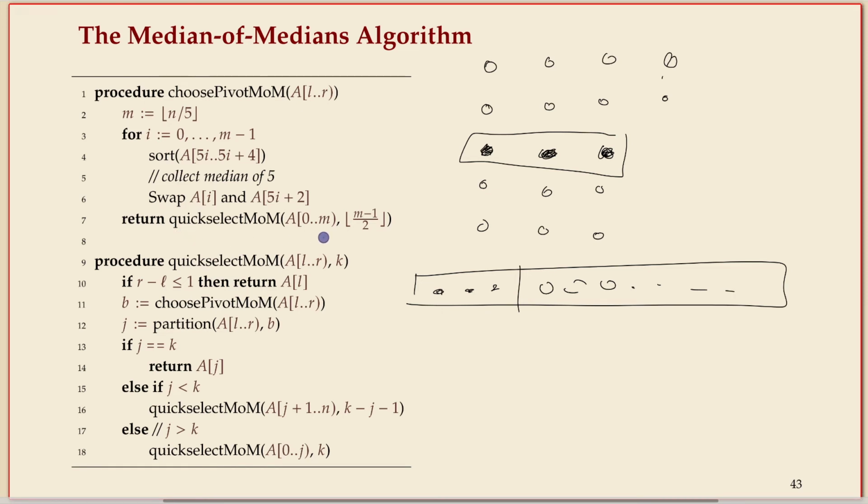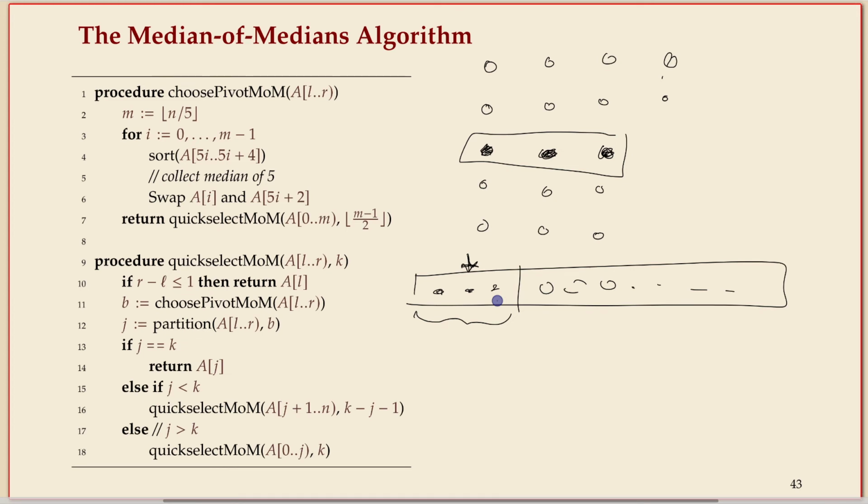And then I'm calling the quick select algorithm recursively on this bit and find the median. Now that is, again, something like we're using ourselves, but this time on a smaller problem, and that's why it's going to work at the end. It's a problem that has, at most, every 5th element. OK?